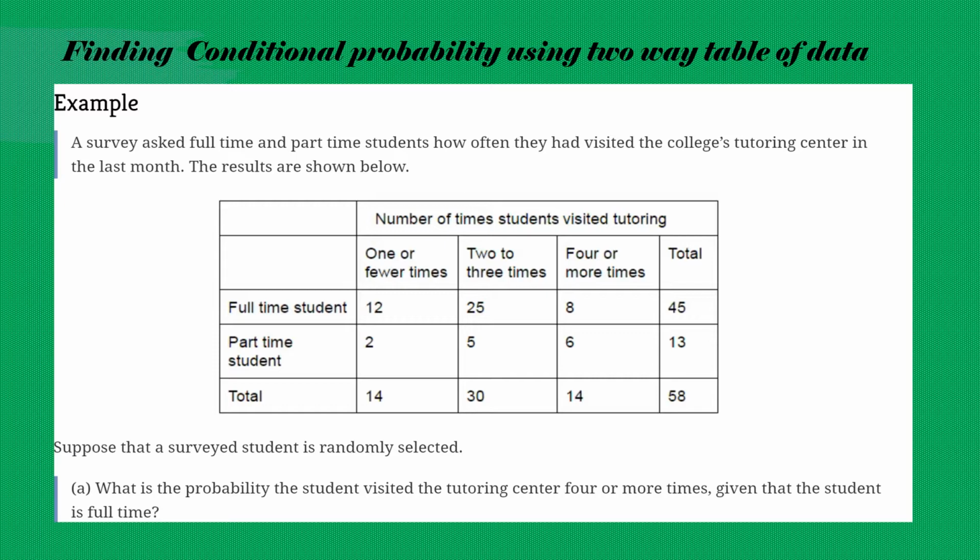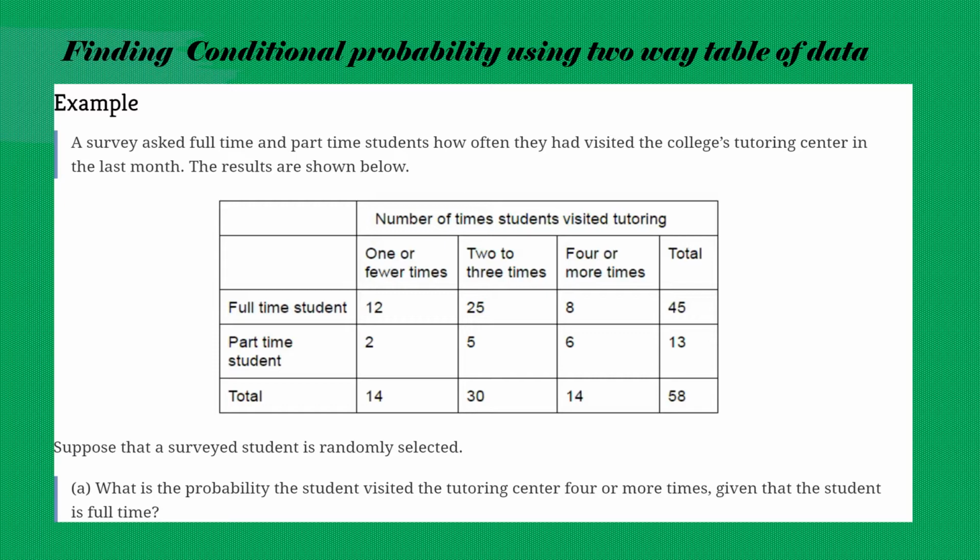If the question is, what is the probability that the student visited the tutoring center 4 or more times given that the student is full-time? So the student is full-time is given already. So that is your event A, say. And B is the event when the student visits the tutoring center 4 or more times.